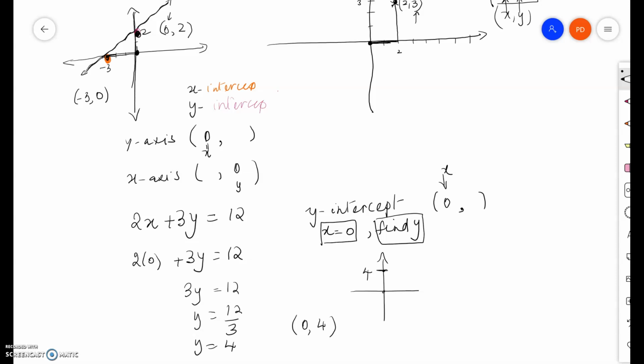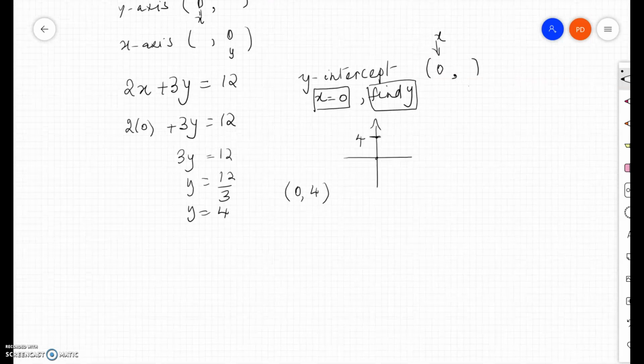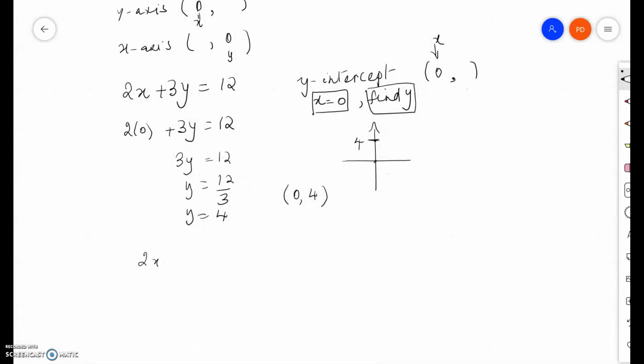Now let's find the x-intercept. So we have 2x + 3y = 12. In order to find the x-intercept, remember that the x-intercept is a point on the x-axis. That's where the line crosses the x-axis.